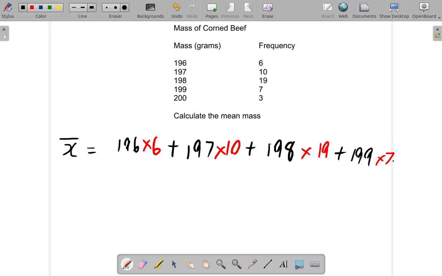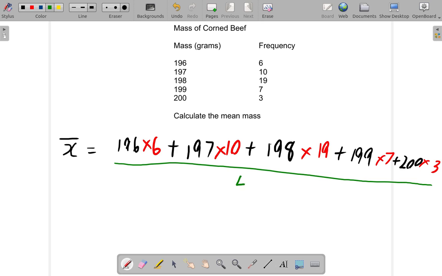Plus 200 grams, and you multiply that by 3. So all of that will be divided by the total number. When you add up the frequencies, what you got earlier was 45. So that's what you will have to do. Alright? So bar x equals.